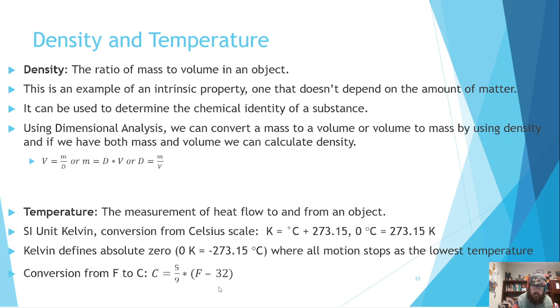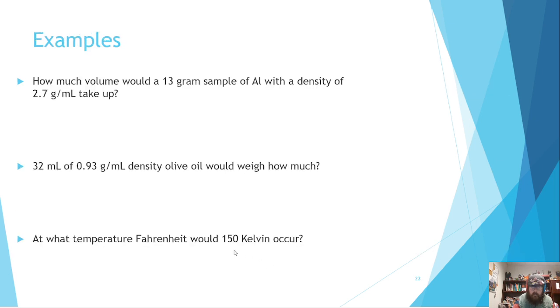So 36, almost 37 degrees Celsius is the human body temperature. So we can convert back and forth. To get the other equation, you would multiply Celsius by 9 over 5, and then add 32 onto that value to get the temperature in Fahrenheit.